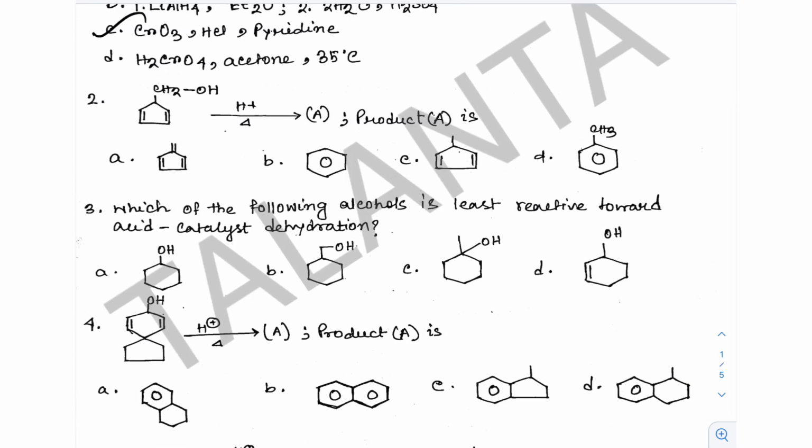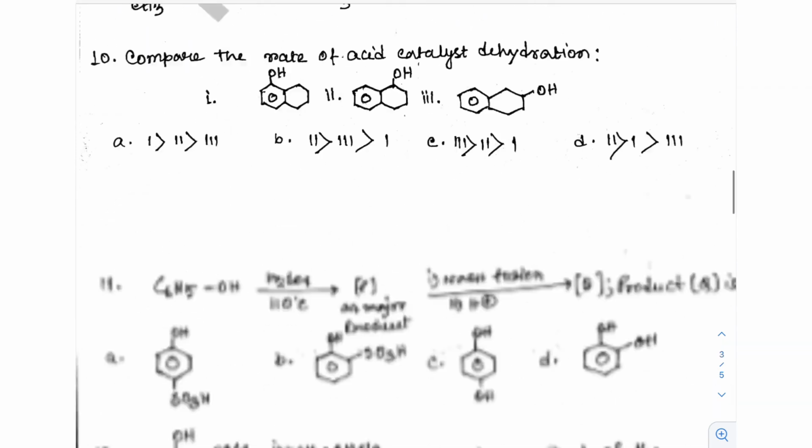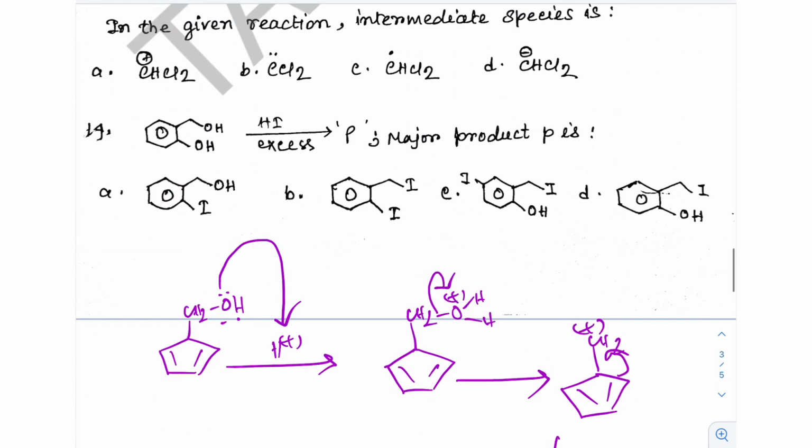Which of the following alcohols is least reactive towards acid catalyzed dehydration? So acid catalyzed dehydration basically proceeds via carbocation formation. In the first step, the OH will react with H plus, which will be liberated from the acid, to form OH2 plus, like the previous mechanism.